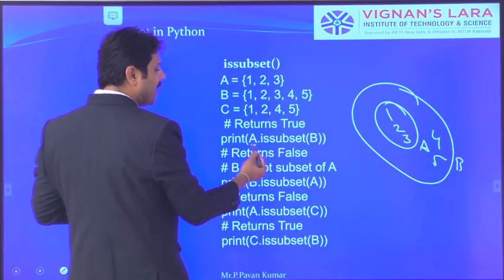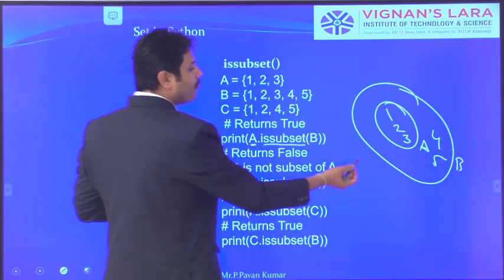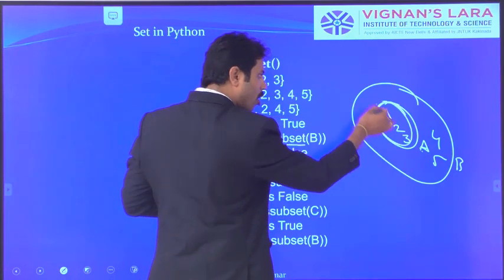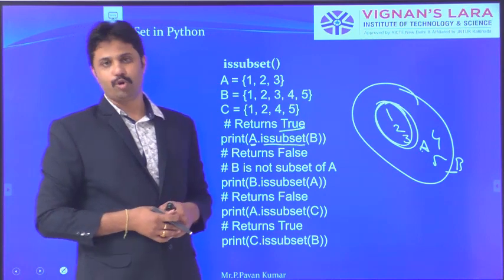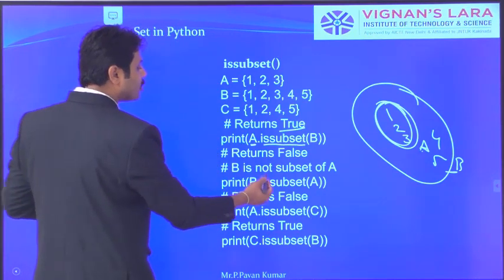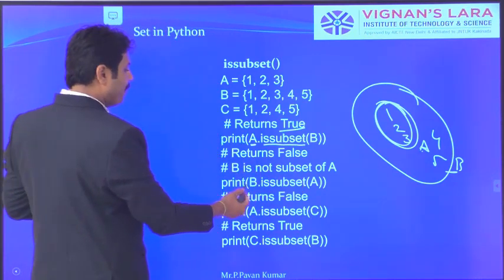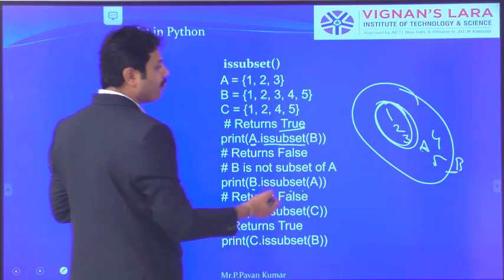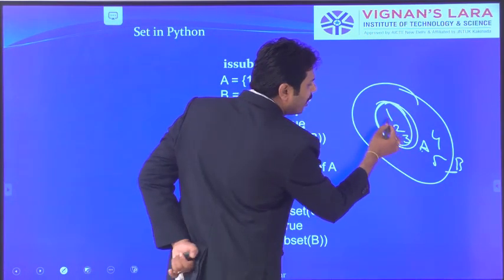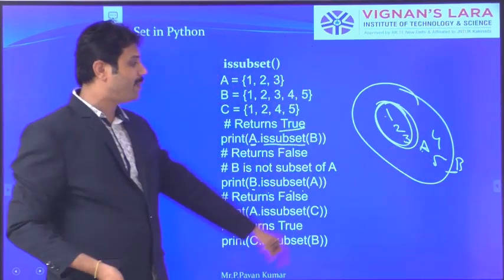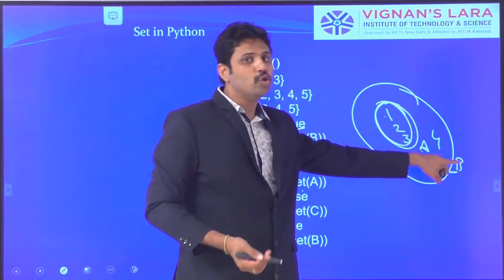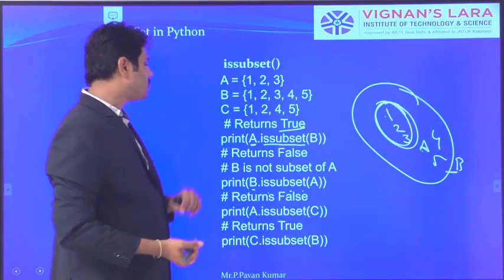So A is a subset of what? B. Yes, true. It returns true. Next, B is a subset of A. A is 1, 2, 3. B is 1, 2, 3, 4, 5. B is not a subset, it is a superset. That's why it returns false.